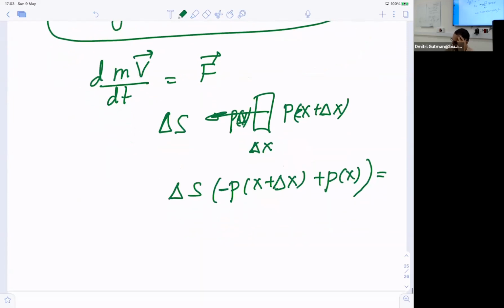Now let's expand it, and we will get delta S times minus dP/dx times delta x. So that's exactly the force that acts on an element of fluid.